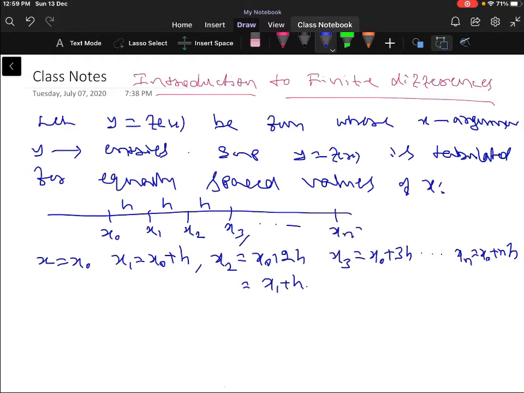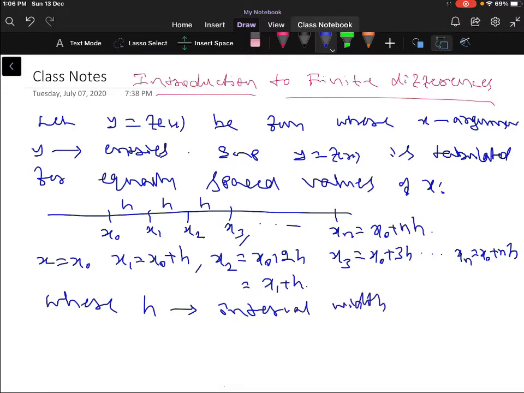Xn is equal to x0 plus nh, where h is the interval width. Therefore, the values of x, x0, x1, x2, x3, and so on up to xn, are equally spaced values of x. So these values are called arguments.